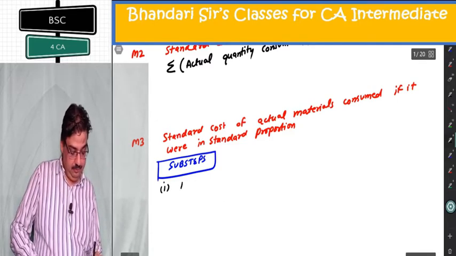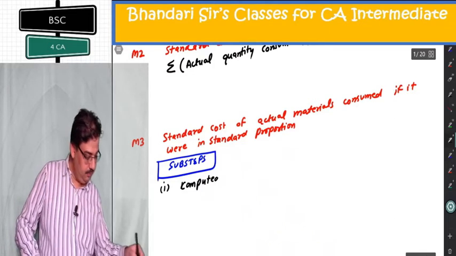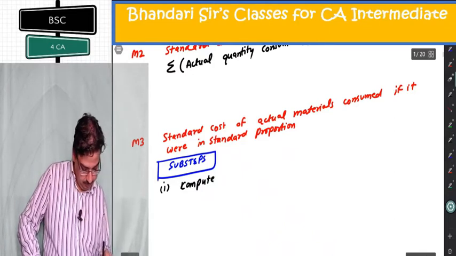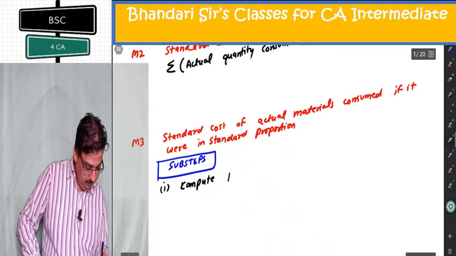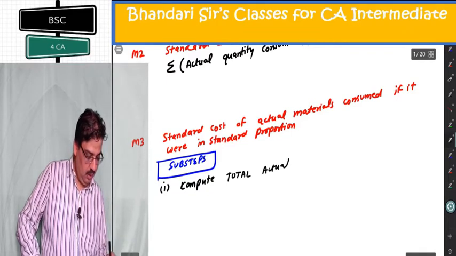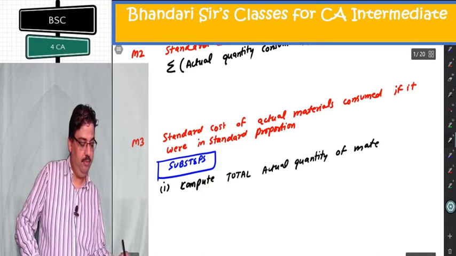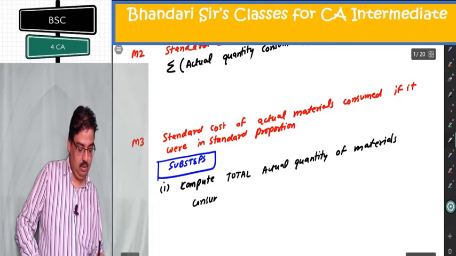Number 1. Compute total actual quantity of materials consumed.